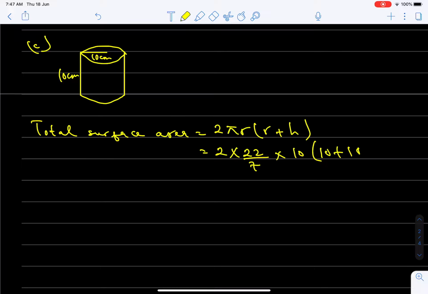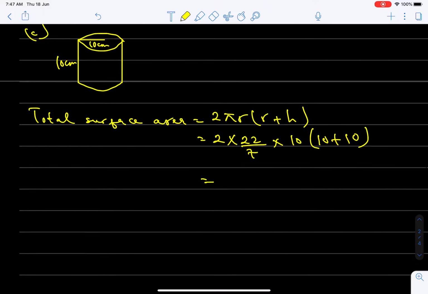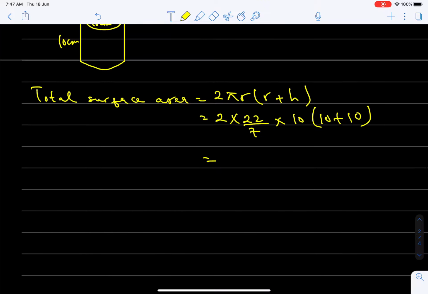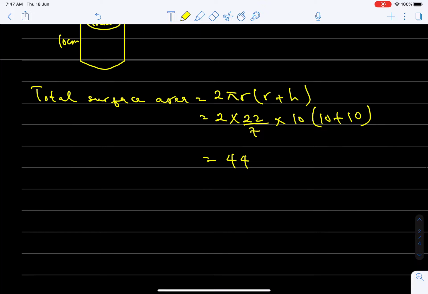H is also 10. That's 44 times 10 is 440 over 7 times 20. Of course, 2 times 22 is 44 times 10 is 440 over 7, and then 10 plus 10 is 20.